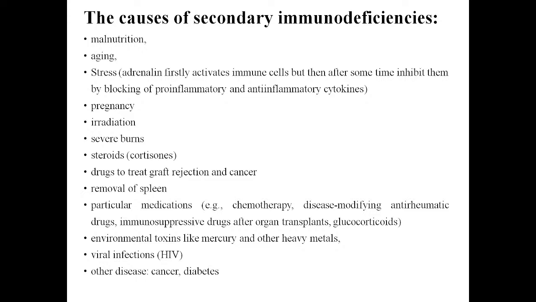Particular medications cause immune deficiency states, secondary immune deficiencies. I have started to talk about it. It's chemotherapy. Chemotherapy is the injection of some drugs for treatment of cancer. Then disease-modifying anti-rheumatic drugs. Rheumatism may be an autoimmune disease that is caused by a disorder of the immune system when the immune system recognizes our self antigens, human antigens, as non-self.